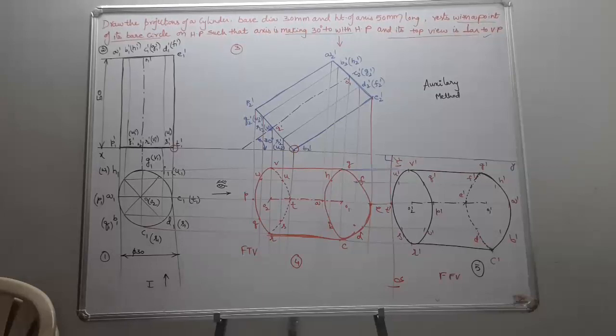A cone. Draw the projections of a cone of base diameter 30 mm, and height of the solid is 50 mm.